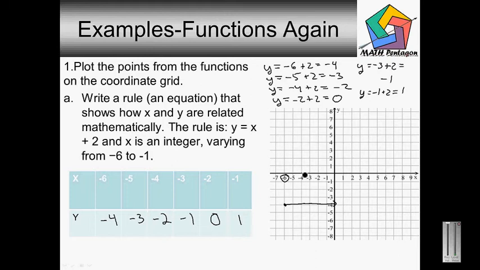Our x coordinate for the next one was negative 5, and our y coordinate is negative 3, so we put the point right here. As you can see, it lines up with negative 3.